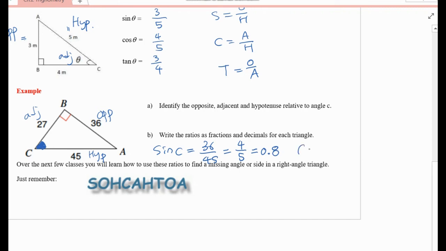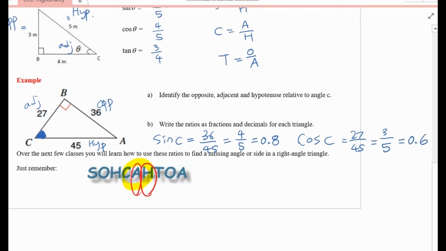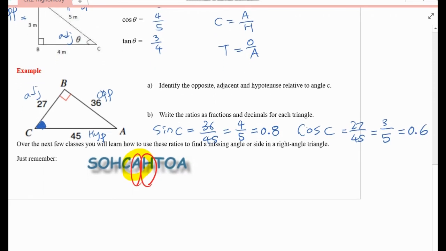And cosine C, that is adjacent over hypotenuse. Adjacent is 27. Hypotenuse is 45. If you divide both numbers by 9, that is 3 over 5. Let's change this to a decimal, that is 0.6.